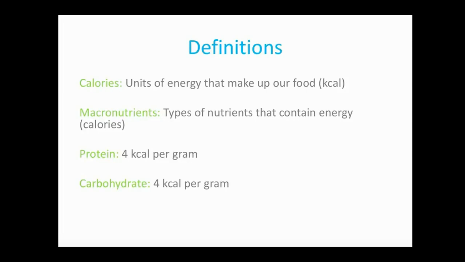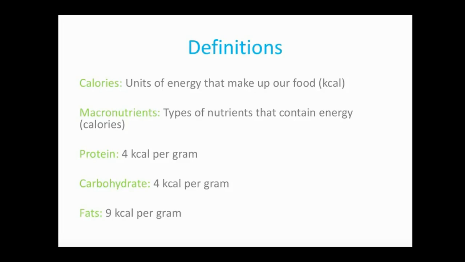It's the same with carbohydrates: per raw gram of carbohydrate is 4 calories. And fats are 9 calories per raw gram. We can use olive oil as an example of that.